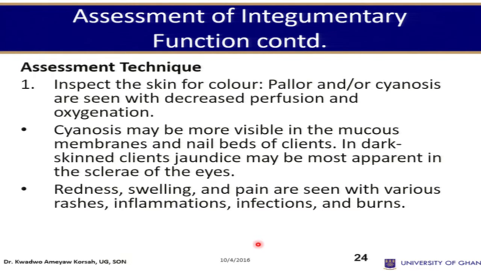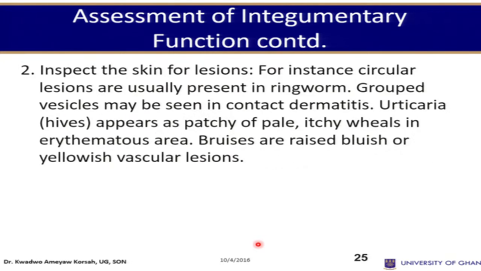These are seen with decreased perfusion and oxygenation, and cyanosis may be more visible in the mucous membranes and the nail beds of the client. In dark-skinned clients or patients, jaundice may be most apparent in the sclera of the eye.